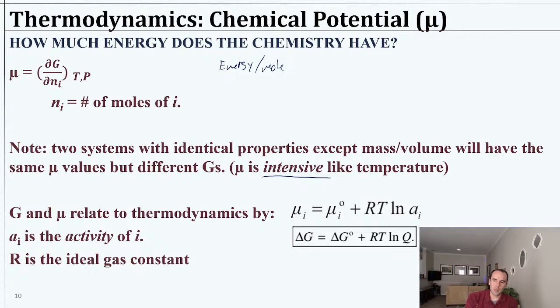Okay, the way we relate these to thermodynamics, they both relate in approximately the same way, where if we have some chemical potential for a species I, we can say that that's going to be equal to the chemical potential at a standard state plus something that happens over here. Okay, and that something that's happening is going to relate to the reaction. So some sort of chemical reaction.